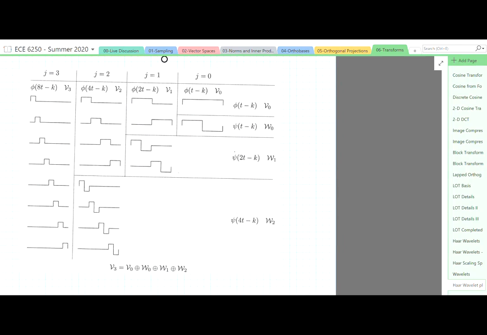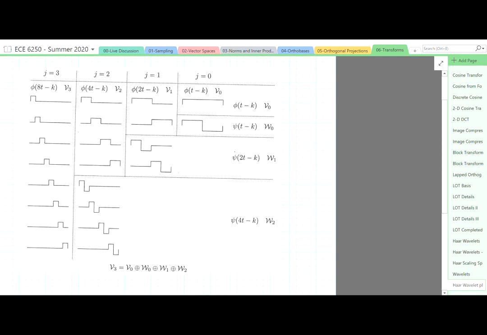Here we have signals at different scales. So we have our scaling function at j equals 3 in the left column. In the next column, the upper part, we have at j equals 2, kind of the broader scaling function. And then below that, we have the wavelet functions that show the difference between them.